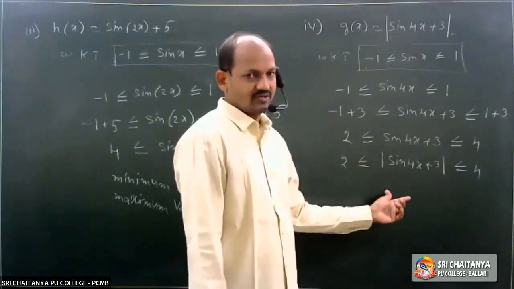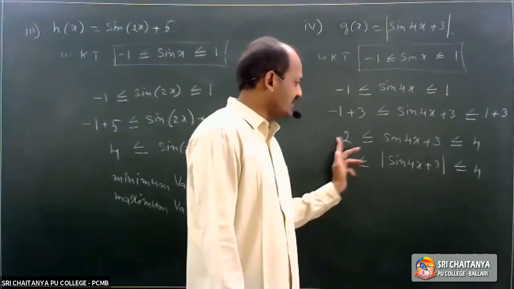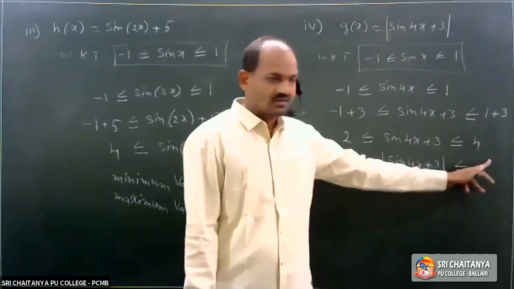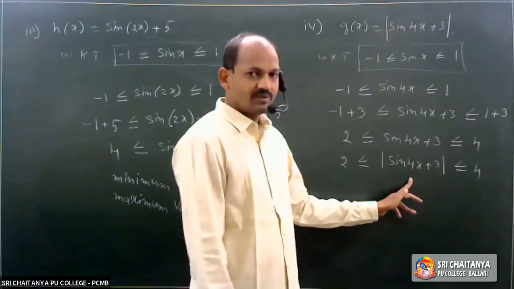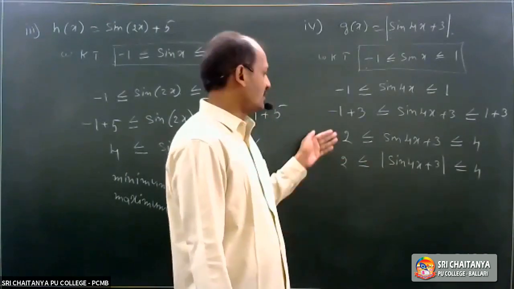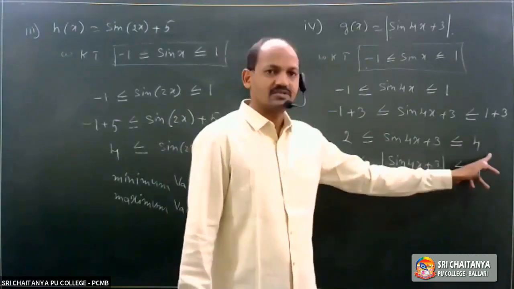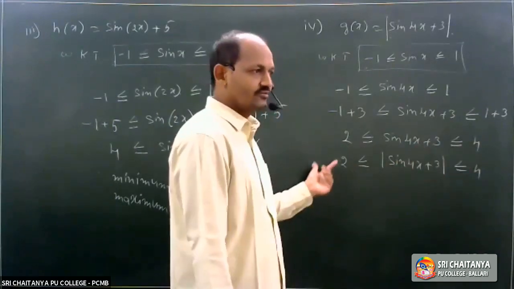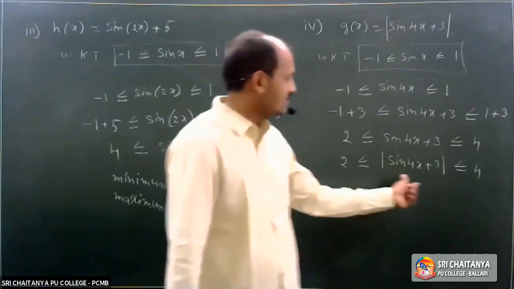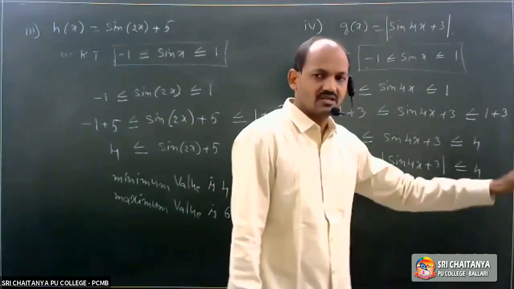No need for this mod. In case we had minus 2 less than or equal to sine 4x plus 3 less than or equal to 4, at that time, applying mod throughout, we get plus 2. So it is already plus 2, already plus 4. So there is no need for modulus of 2, modulus of 4. Directly it is 2 less than or equal to sine 4x plus 3, less than or equal to 4.